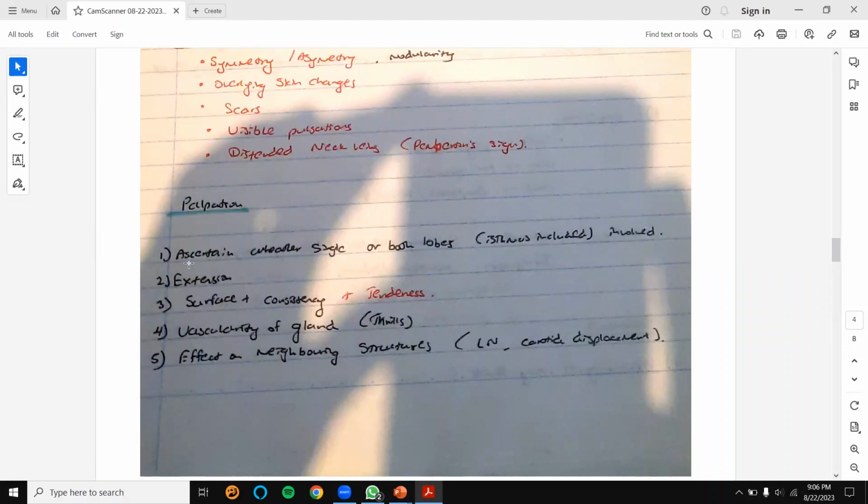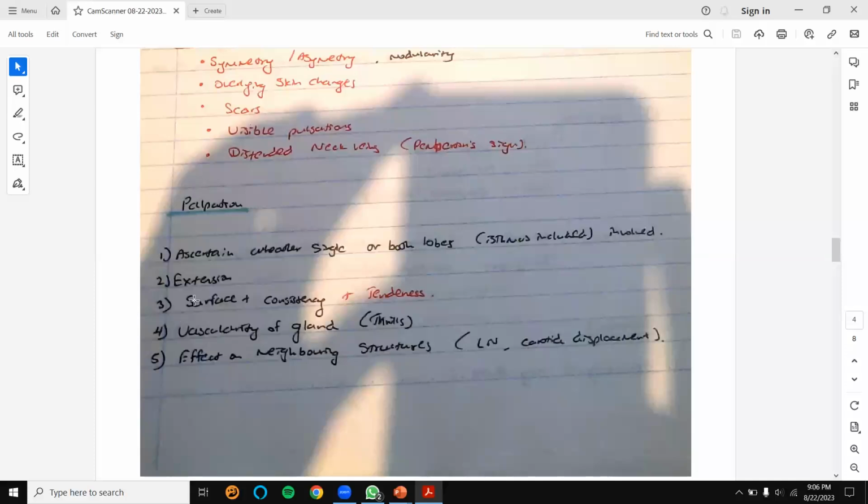The extension: superiorly, up to what extent has it enlarged, inferiorly, up to what extent, and is it going retrosternally as well?